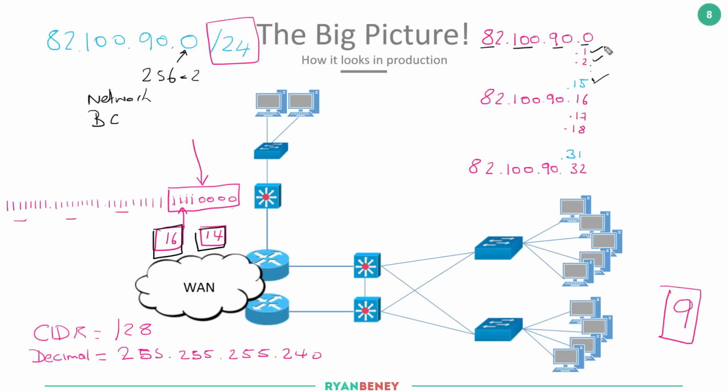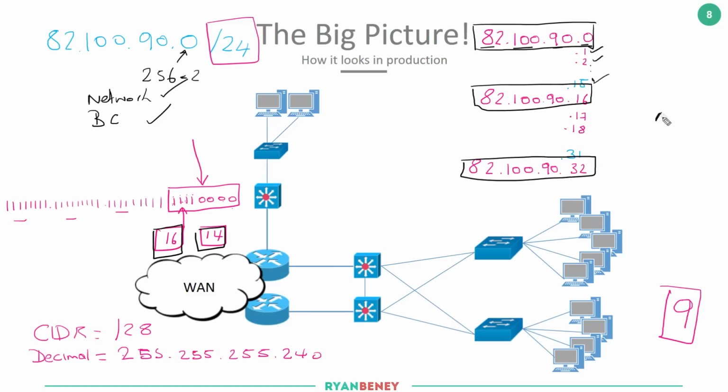But like I said, we lose 2 IP addresses. We lose one for the network and one for the broadcast. Now the first one of each range, so here is the .0, here it's the 16, and here it's the 32. These are our network addresses, and these can't be used by any host.